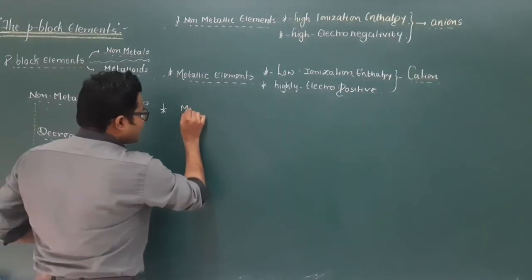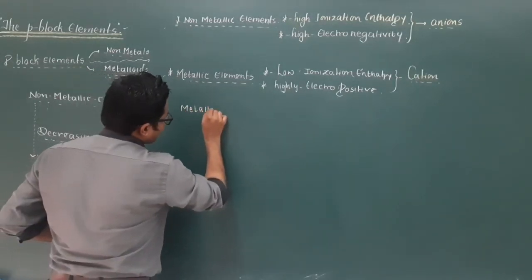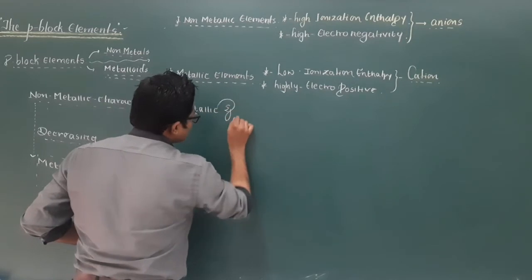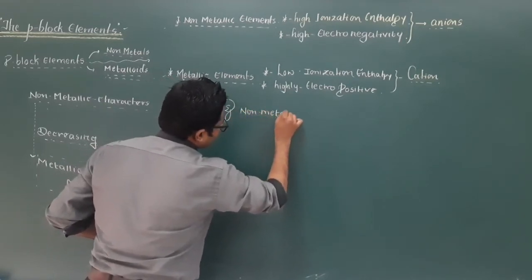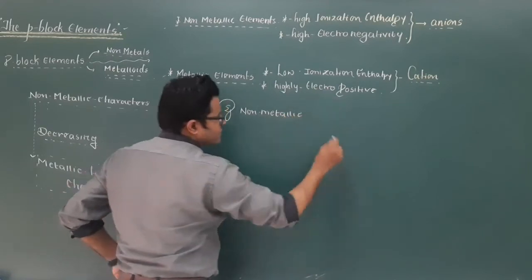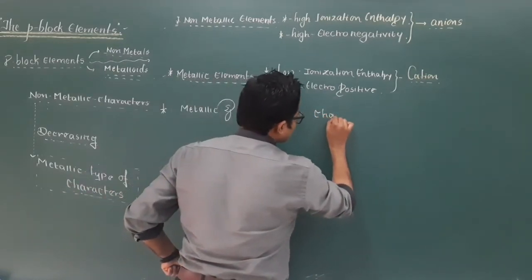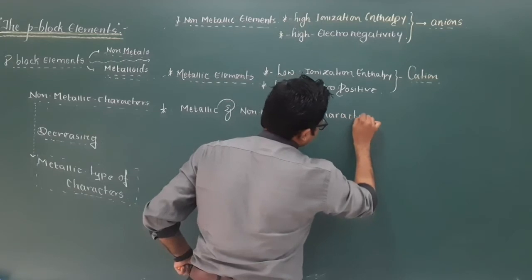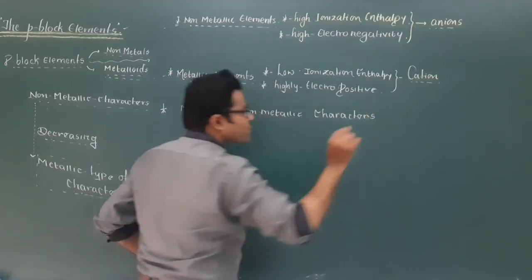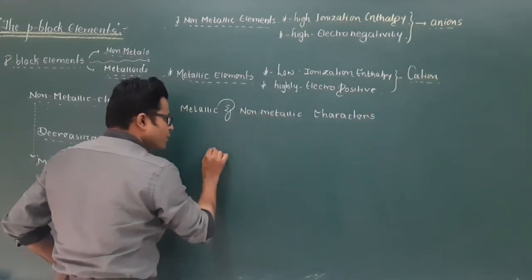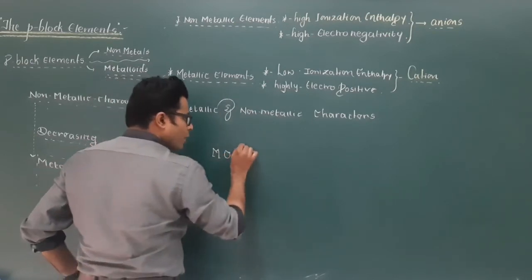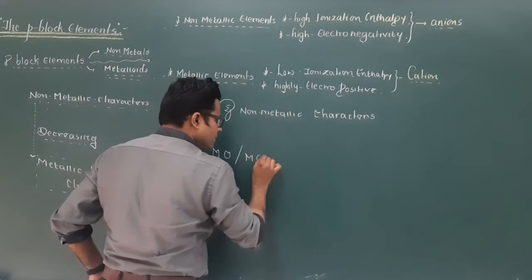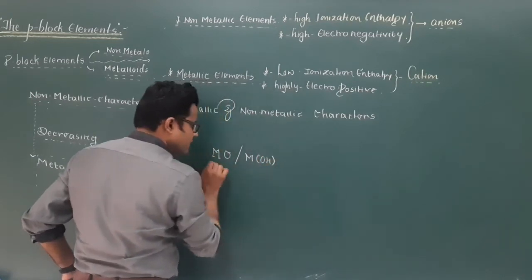Moving further, how to distinguish between the non-metallic and metallic elements? The metallic and non-metallic characters are best illustrated by the formation of metal oxides or metal hydroxides.